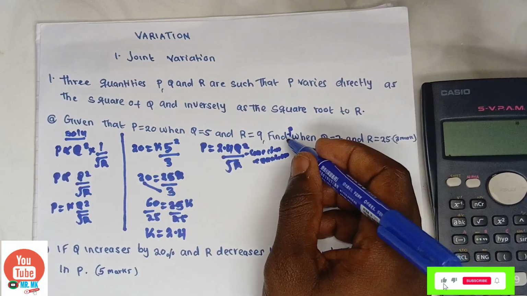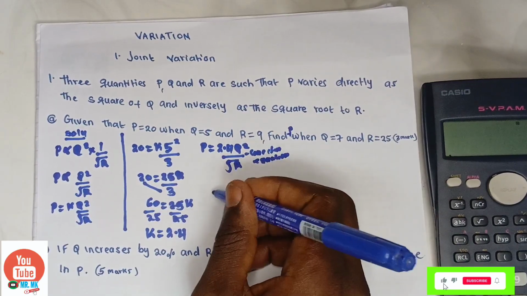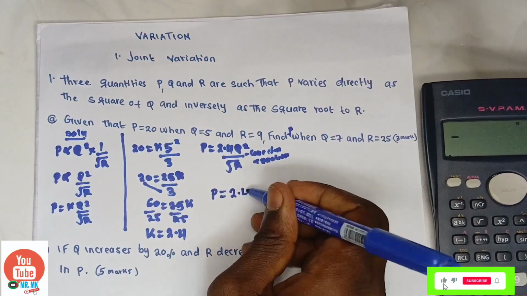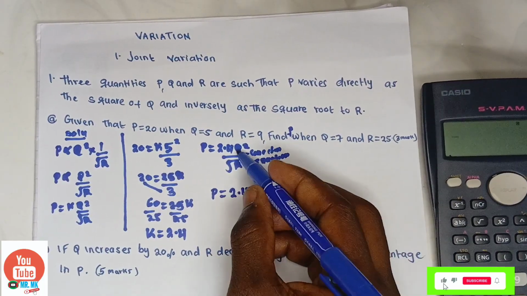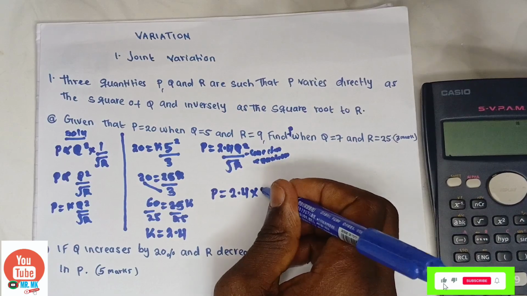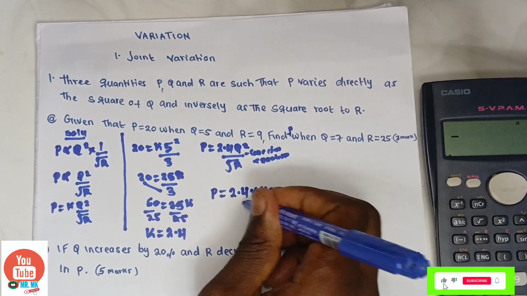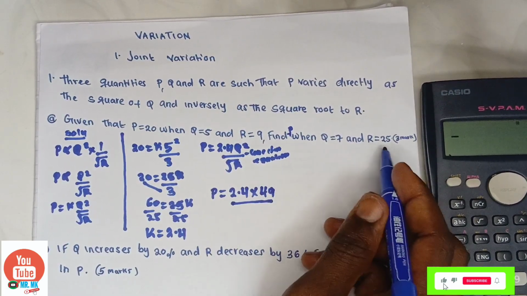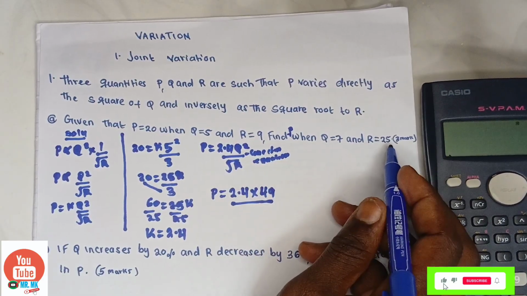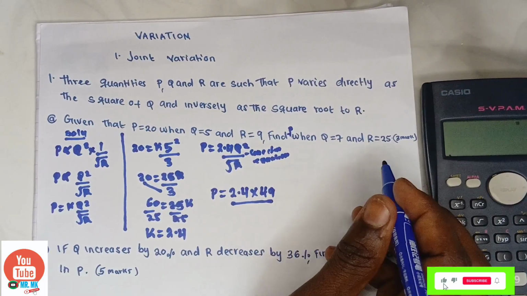Now P we don't have, so P is equal to 2.4 times Q squared over the square root of R. Q here is 7, and 7 squared is 49. R is 25, and the square root of 25 is 5.